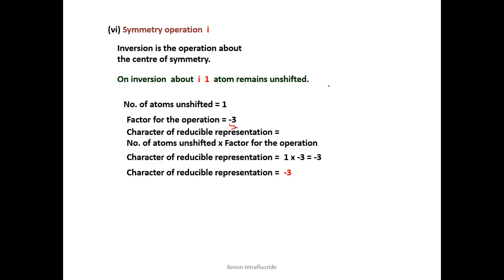The transformation matrix for the center of symmetry is minus 1 0 0, 0 minus 1 0, 0 0 minus 1. The diagonal elements are minus 1, minus 1, minus 1, and so if you take the sum of the diagonal elements, it will come out to be minus 1 minus 1 minus 1 equal to minus 3. That is why you get the factor as minus 3 in the case of inversion.